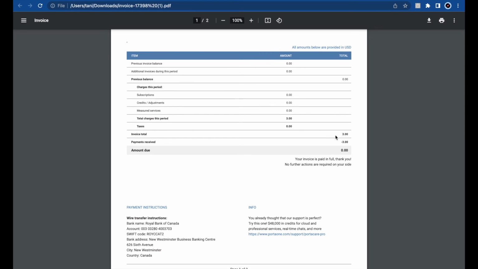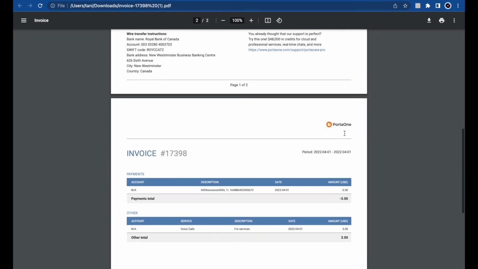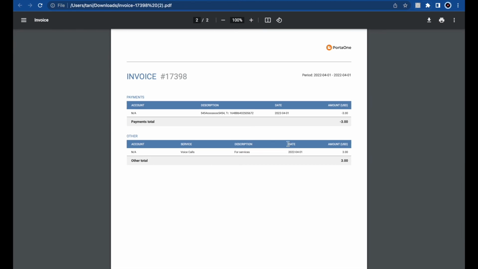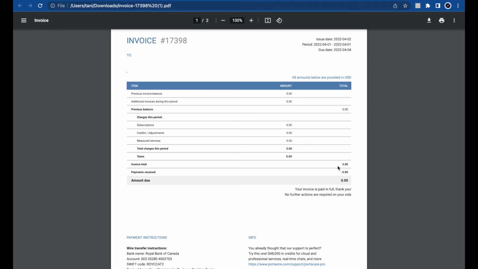The invoice total is $3, which corresponds to the services used. The information about payments received is also included in the invoice PDF because the credit card was charged upon the invoice generation. Our amount due, the invoice total minus payments, is $0.